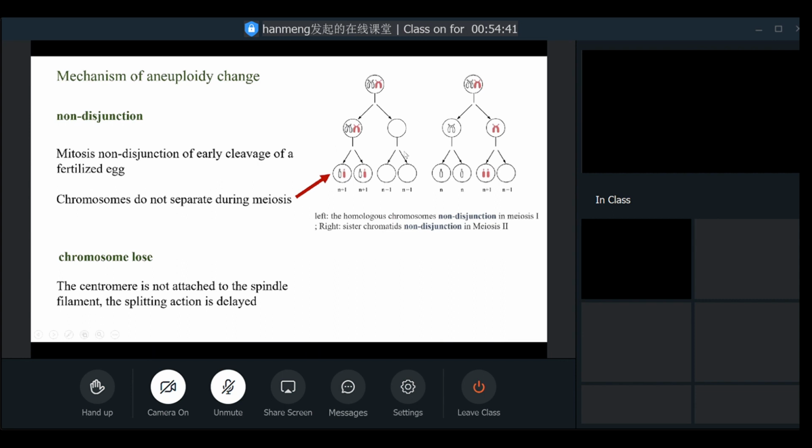So all these cells are abnormal. And if the chromosomes do not separate in meiosis 2, then 50% of the cells are normal, and 50% of the cells are abnormal with n plus 1 and n minus 1.